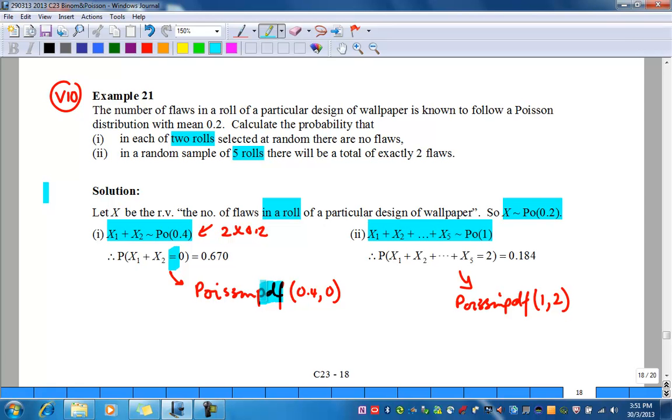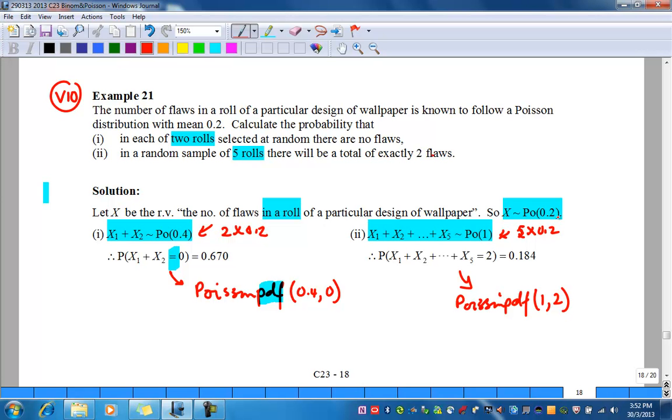Part 2. We are now talking about 5 rows. So we need to define a new random variable, X1 plus X2 plus X3 plus X4 plus X5, which follows a Poisson distribution 1, where 1 comes from 5 times 0.2.